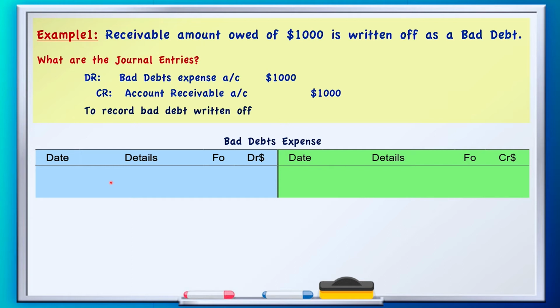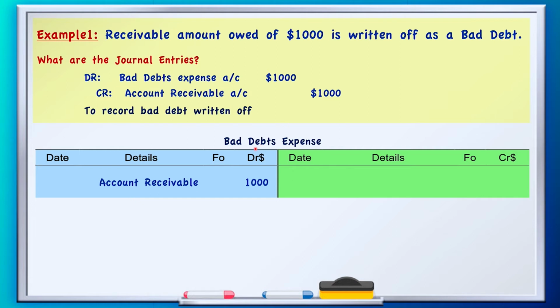You have two accounts only. Nice and easy. You're in the bad debts account. Your detail is going to be the next account, which is the accounts receivable. And how much is it for your bad debts? $1,000. So as I said there, $1,000. Or you can just remember, how much were your bad debts written off? $1,000. So that is how much is going to go into your bad debts account.